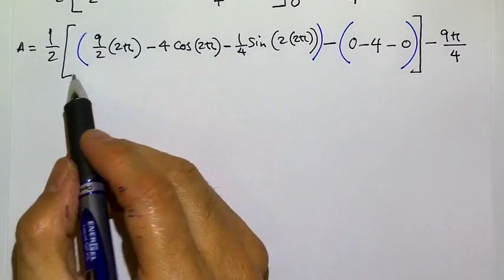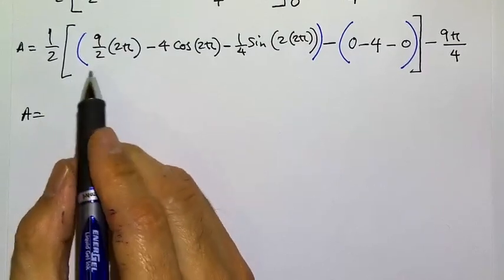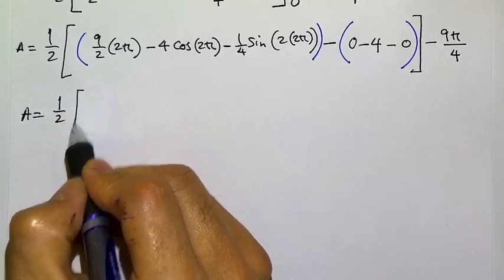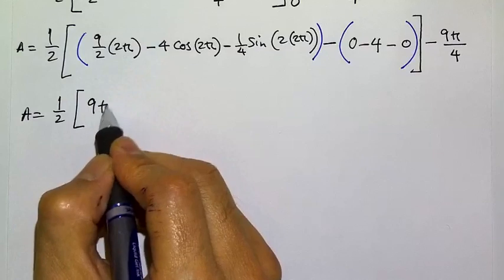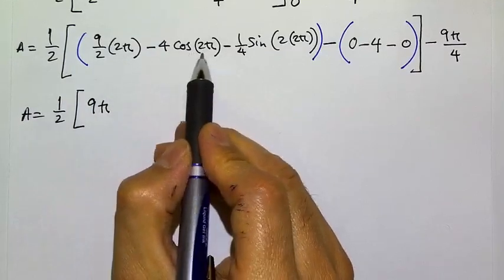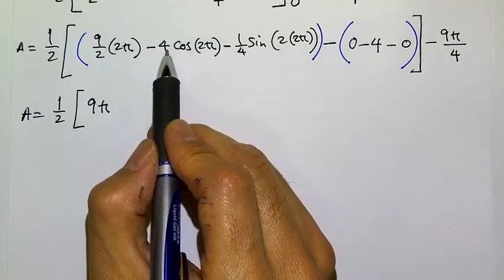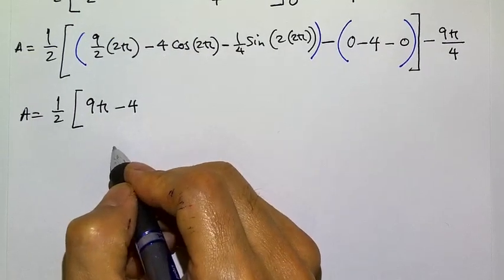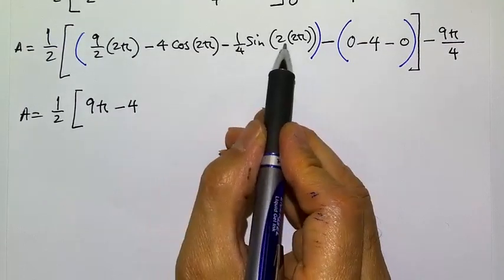Okay. All right, so now we can simplify this further. We have 1/2 here times 2 and 2 cancel out. We get 9 pi. Cosine of 2 pi is just 1. 1 times -4, so minus 4. And then minus, this is 4 pi.